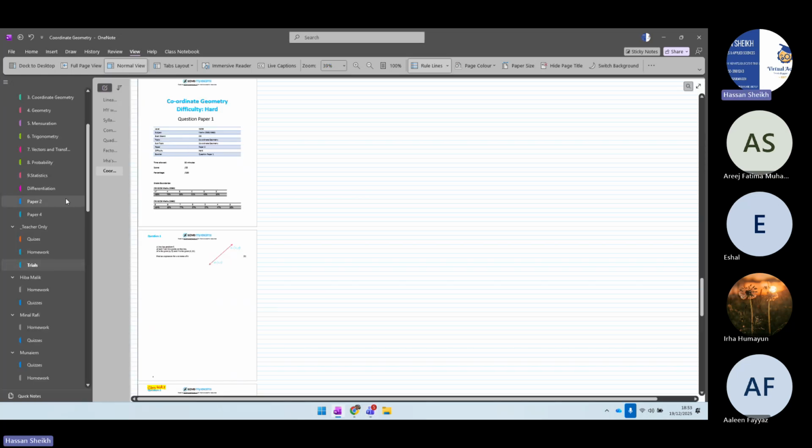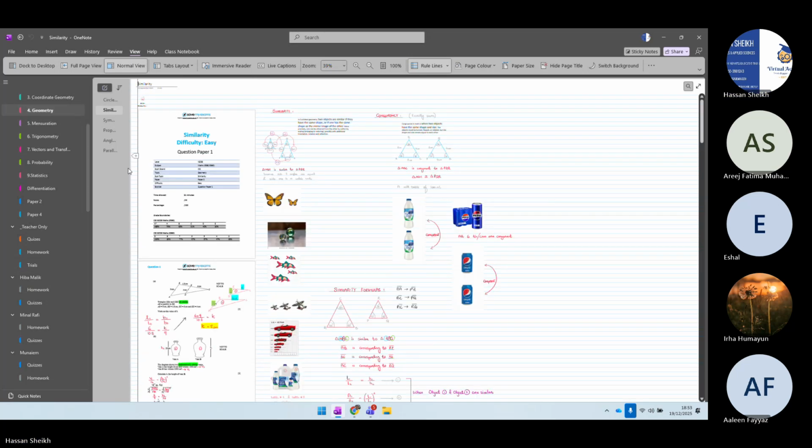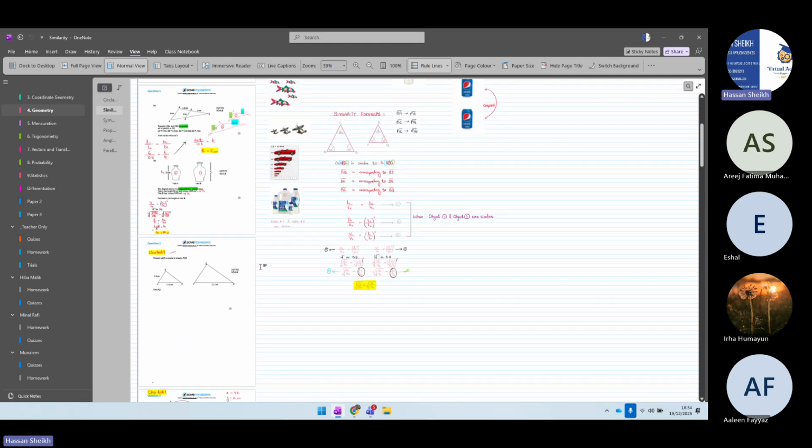We're done with coordinate geometry. Similarity is left, and I don't think we can do the quadratic graph. Irha, I'm done with similarity with you, if you remember.